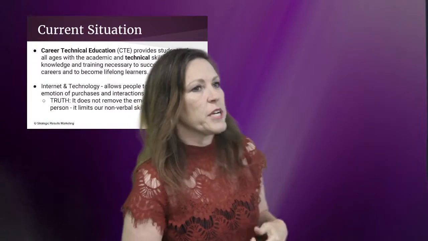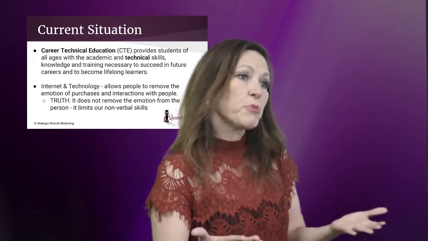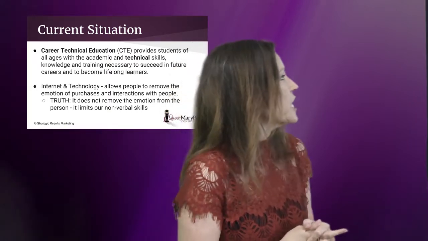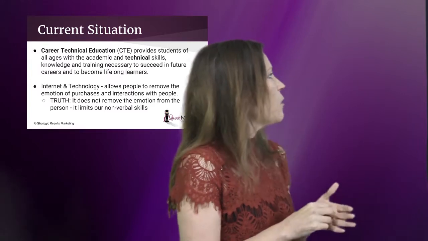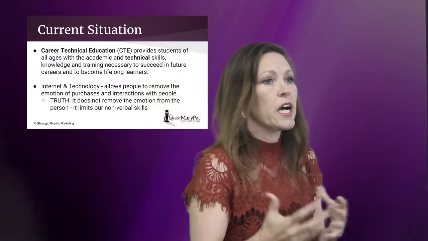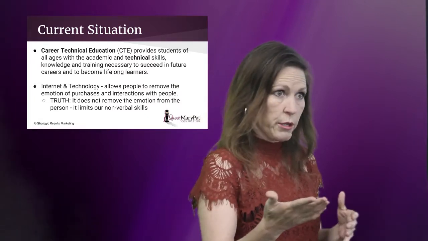The other situation that we need to bring into this conversation is internet and technology. Both of these have drastically changed and improved over the last decade, but also many decades, most of our life, they've been changing. And they allow us a lot of different benefits. They allow people to remove the emotion of purchasing as well as the emotion of interacting with people. Would you agree with that?